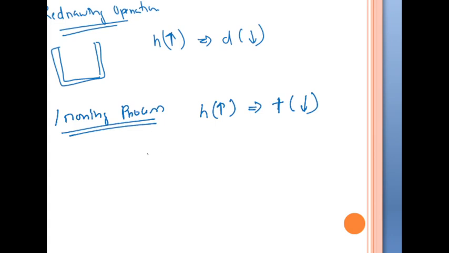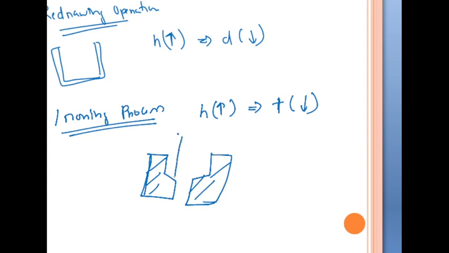It will be like this. Let me draw it for you. This will be the die. Forgive me for such poor drawing. This will be the punch, and what will happen?